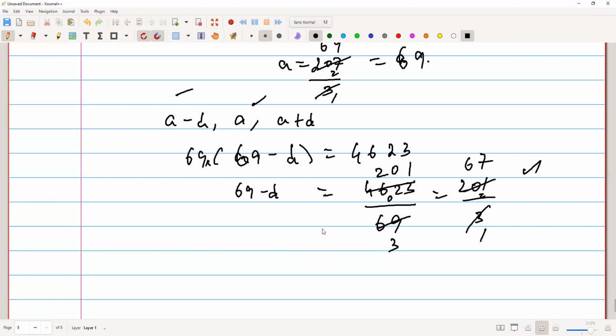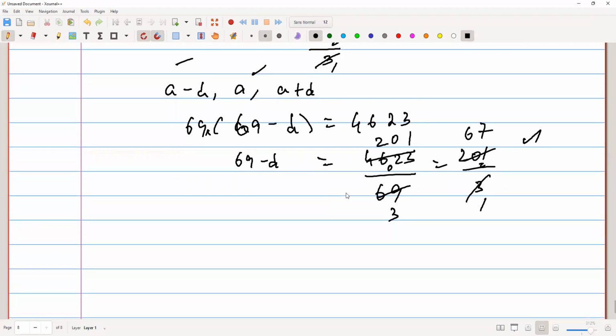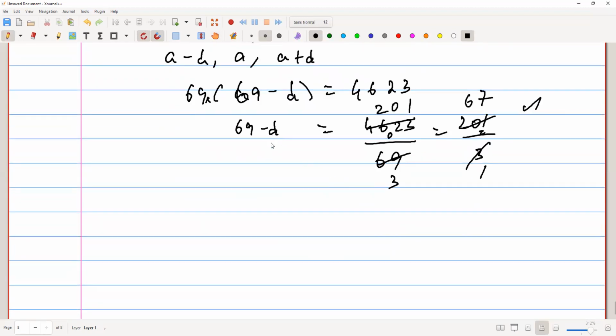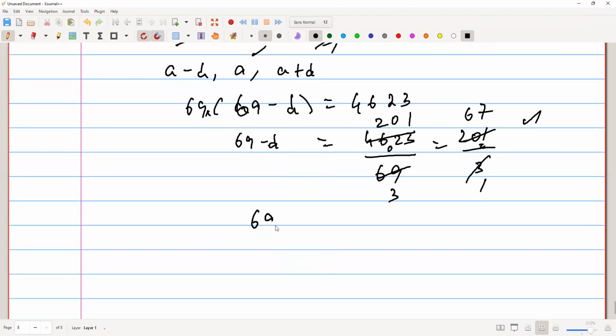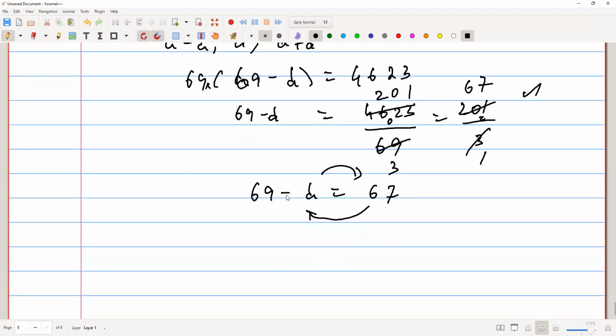She is very partial. So we got 69 minus D into 67. So 69 minus D equal to 67. So she's been given just 2 rupees. D equal to 69 minus 67, 2 rupees.